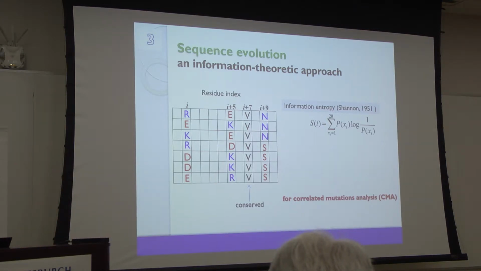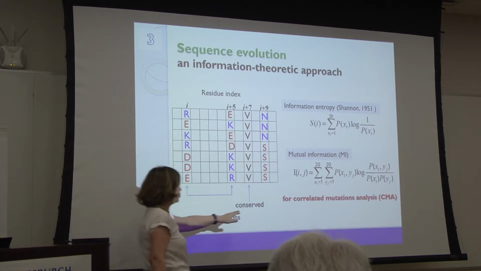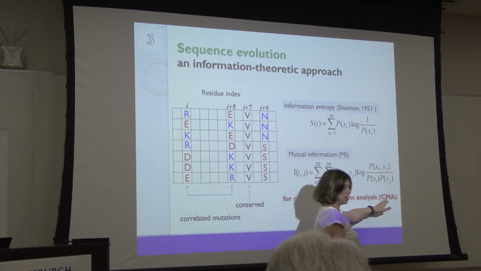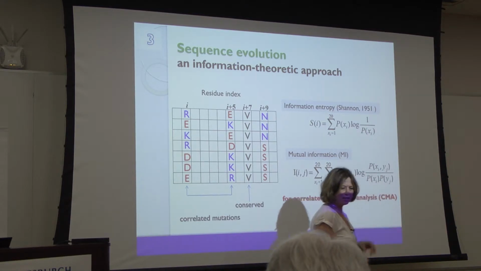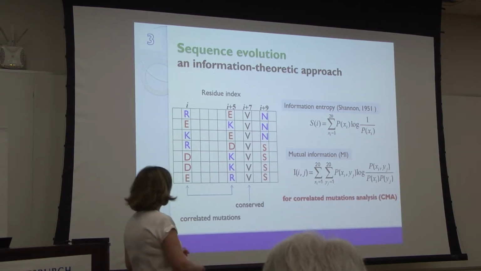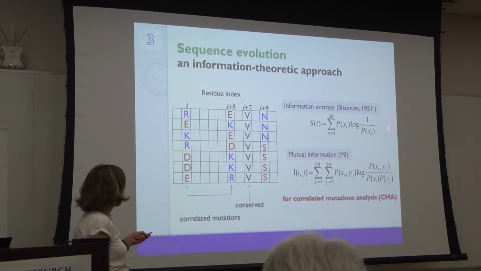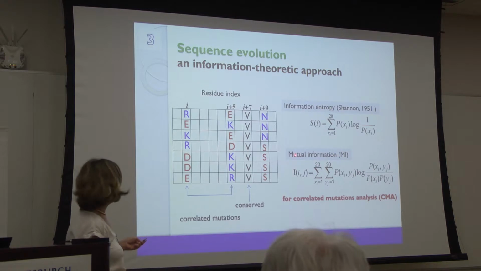Okay, very easy. And then for correlated mutation analysis, the logic is very similar, actually. It is a Shannon-like expression called mutual information, where you have the joint probability of observing a given pair of residues.